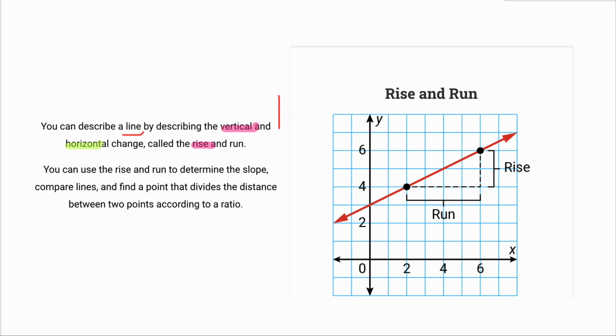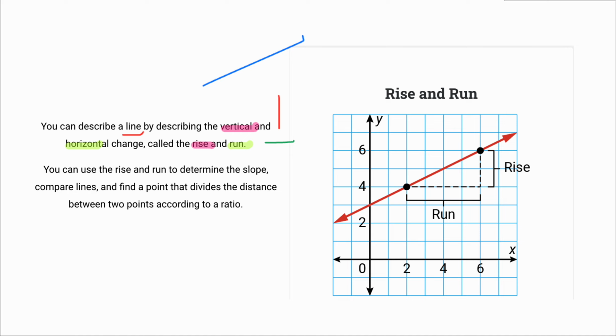Perfect. And what else? Horizontal. There we go. Horizontal. Yes, it goes side to side. So it's that change in that. Perfect. So someone else noted that whenever I put together my vertical and my horizontal, I get a diagonal line. Yes. Perfect. Okay.